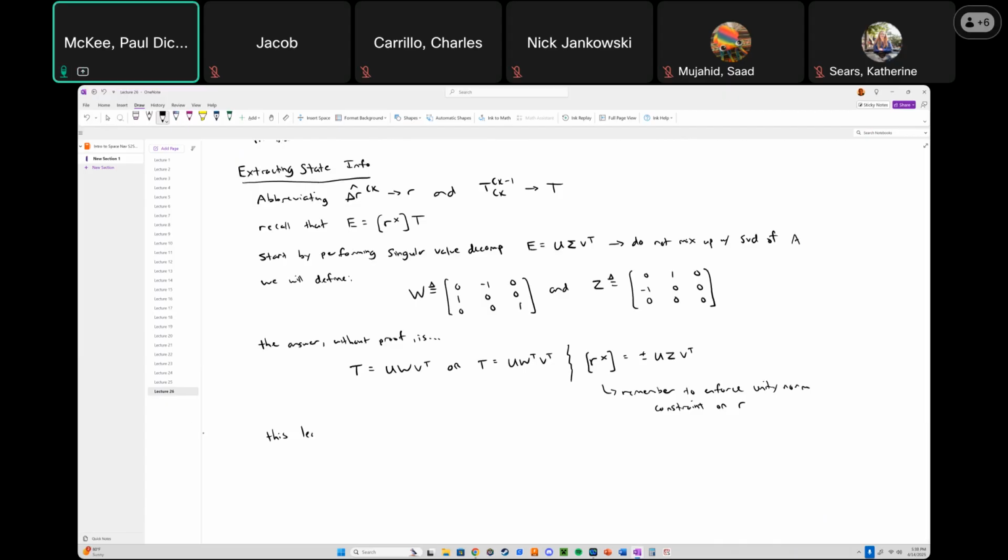This leaves ambiguity in our solution. So we've got two possible T, and we've got 2 possible R, for a total of 4 candidate answers.